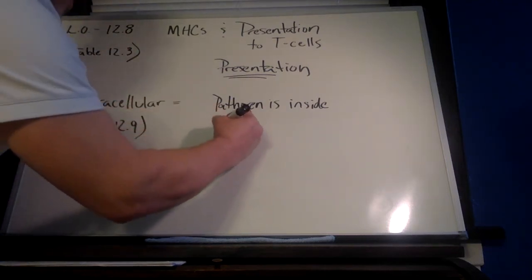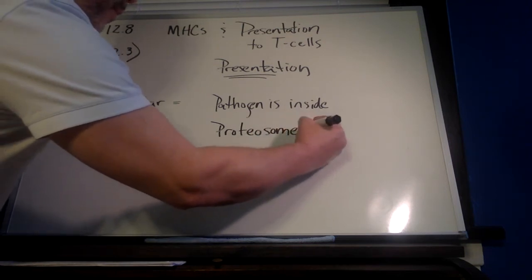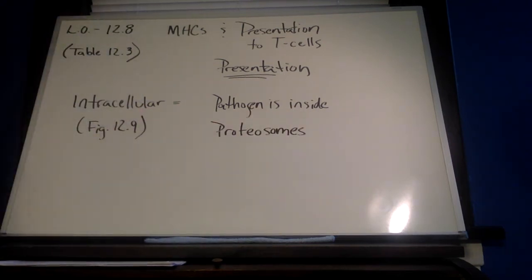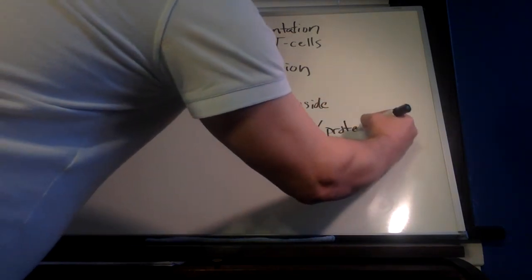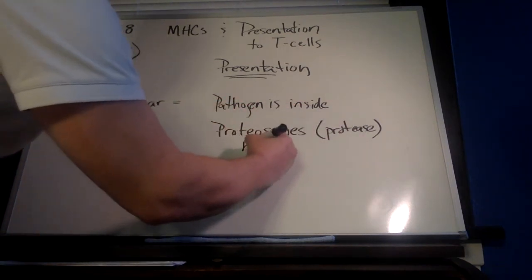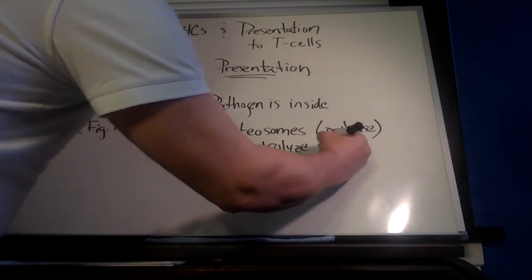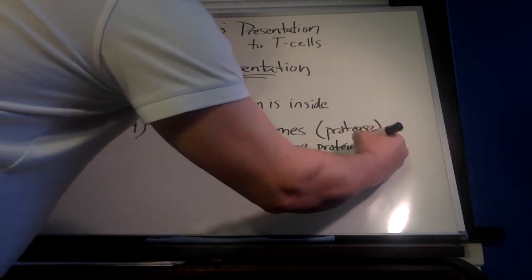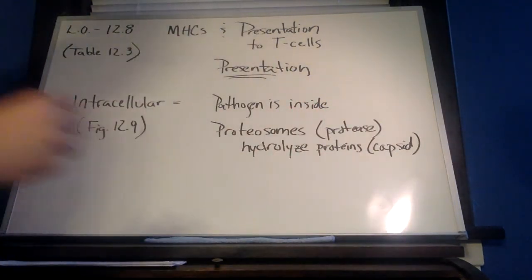However, you have some vesicles called proteasomes. And proteasomes contain an enzyme called protease. And proteasomes with the enzyme protease will hydrolyze proteins. Things like that capsid that is on the virus.